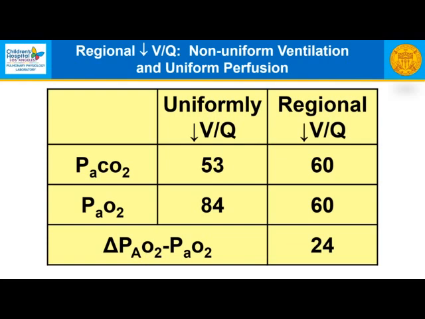But when we have one lung that's relatively normal, but another area that is significantly decreased, the PCO2 is actually worse and the oxygen is actually worse, and the AO2 gradient is actually increased. So regional differences in VQ can sometimes result in even worse gas exchange.